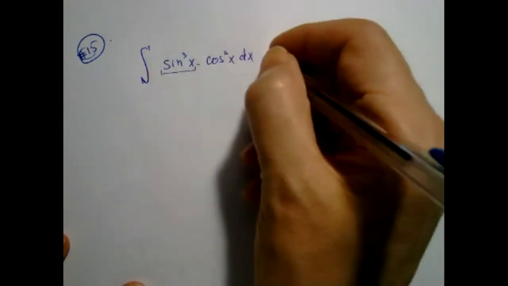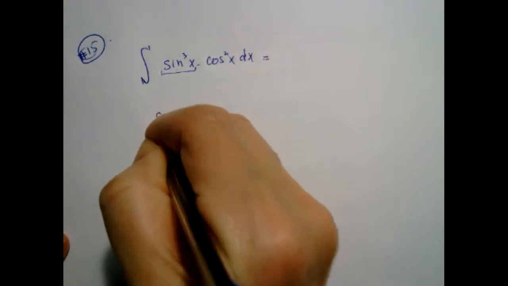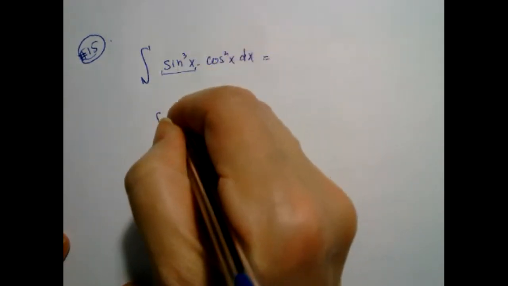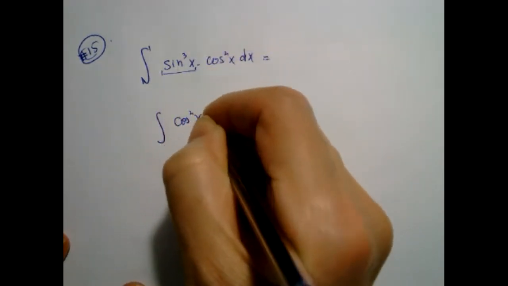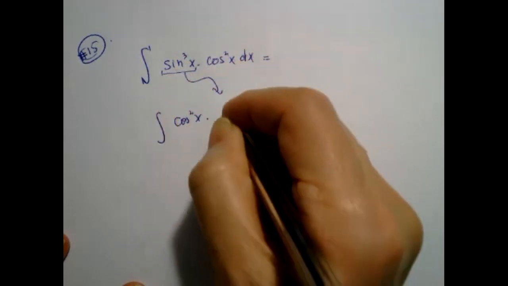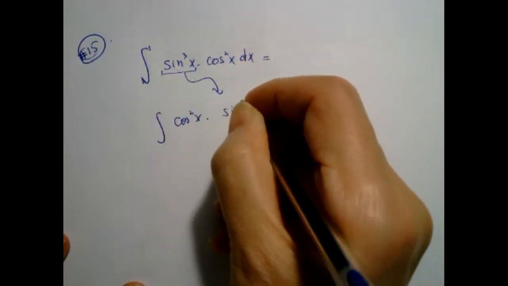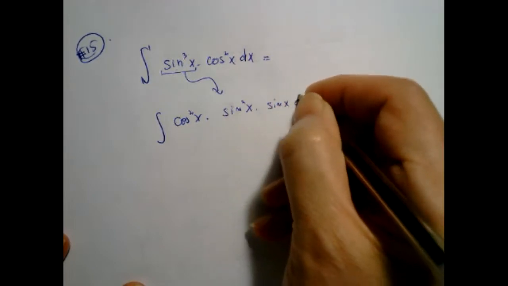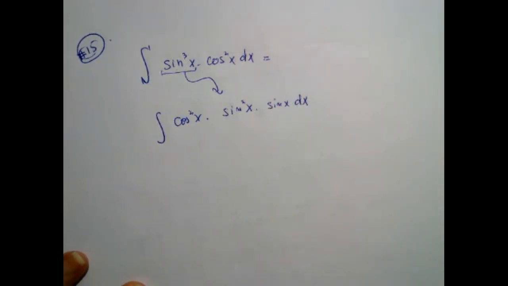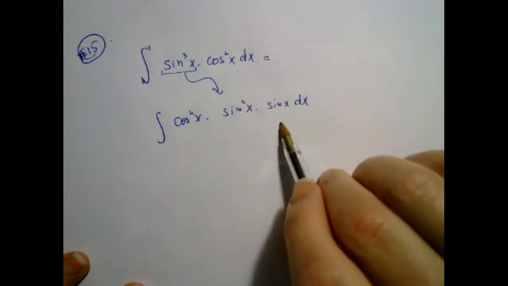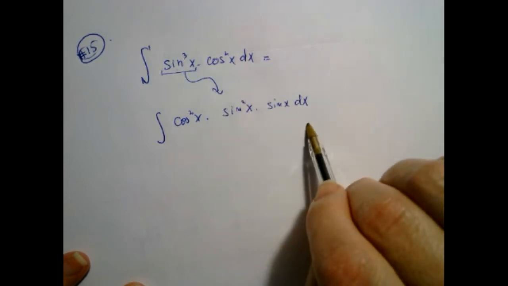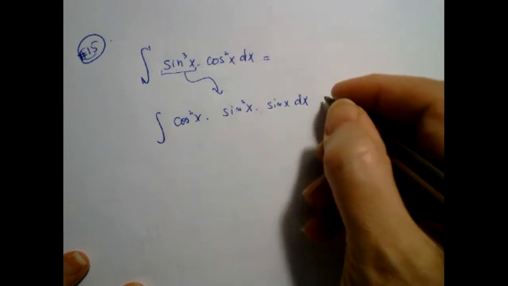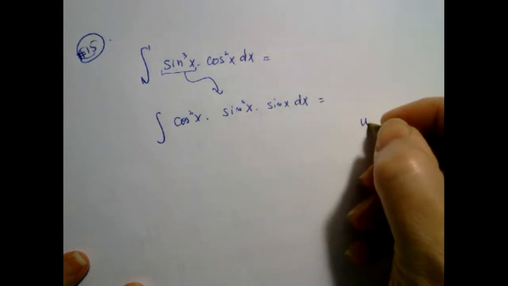So this is going to be split like this. The integral of, I'm going to rewrite it, cosine squared times, the odd power will be split into an even power and the term sine x dx. That's how we split it. So that's the even, and sine x dx would remain. And now we're going to make our substitution. We're going to pick the u.